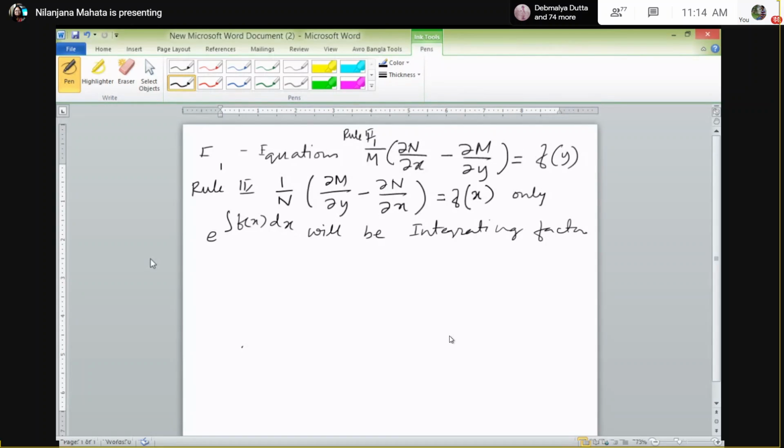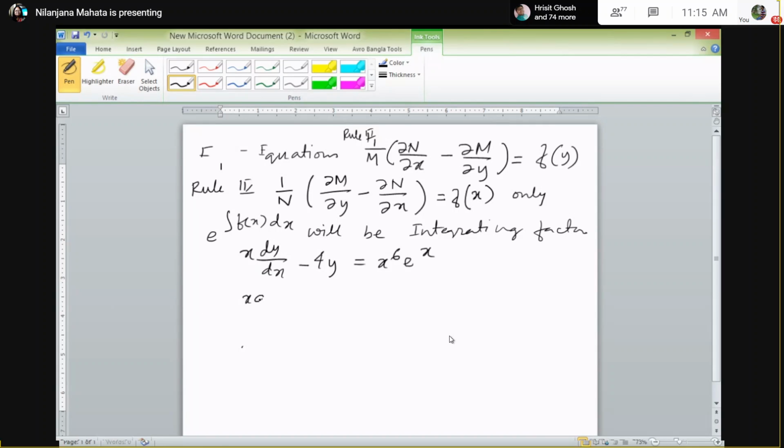So I am giving you an example. So this is an example of x dy dx minus 4y is equal to x to the power 6 e to the power x. Okay. So I may write this in the form of M dx plus N dy.